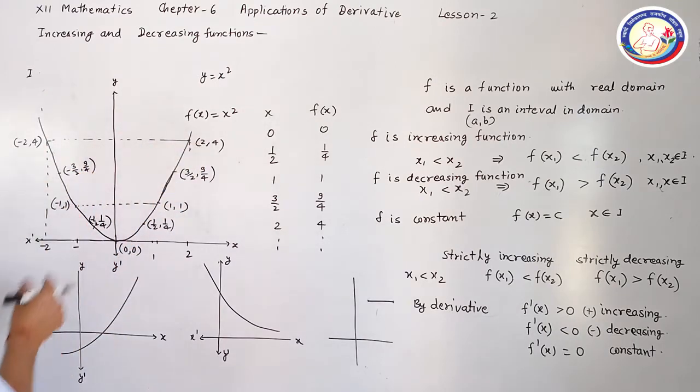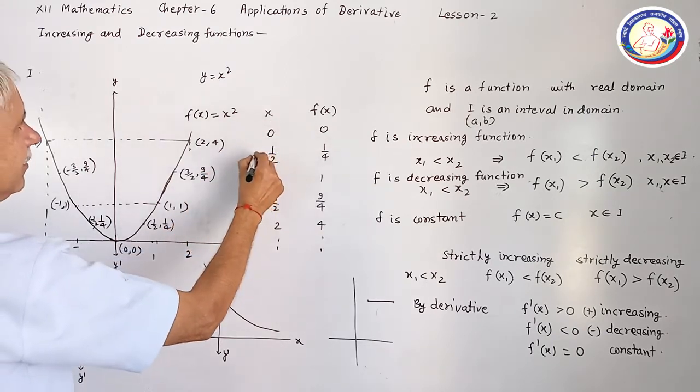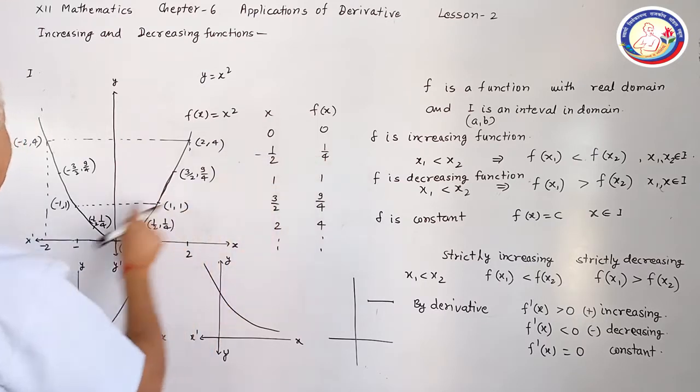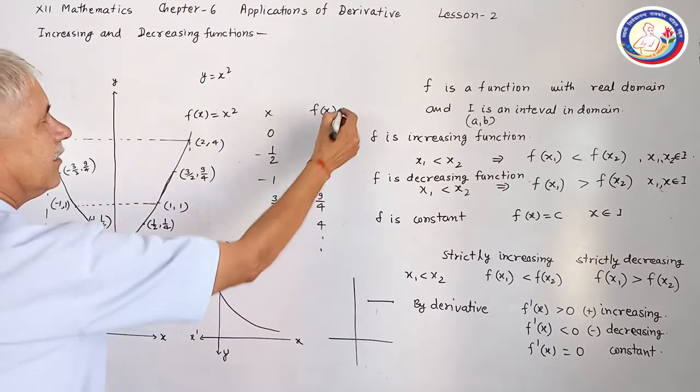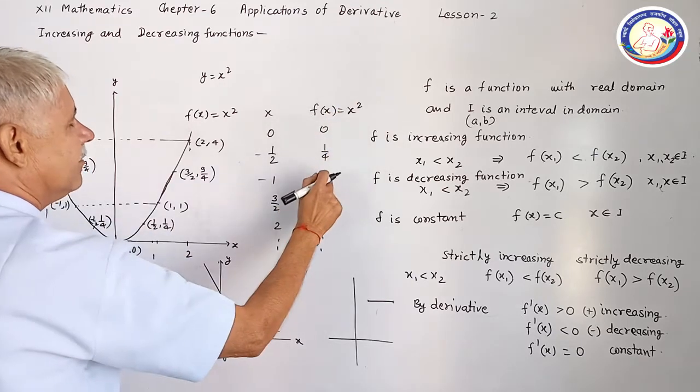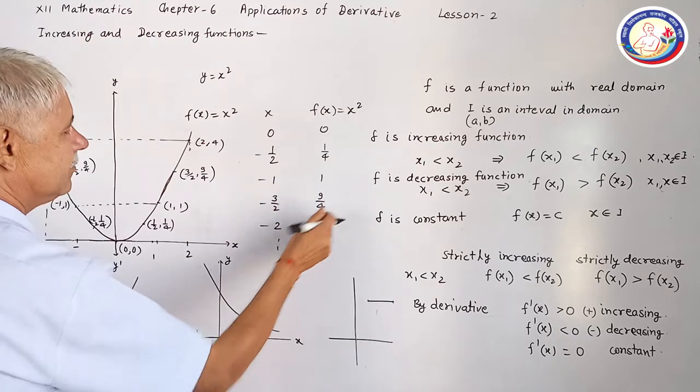So we can understand it for the second part. Now if we move towards the left of the origin, we shall have the value of x is 0, then minus 1 by 2, and the function is 1 by 4. It is minus 1, then the value of function, that is x square, is 1. For minus 3 by 2, it is 9 by 4. Minus 2, it is 4.